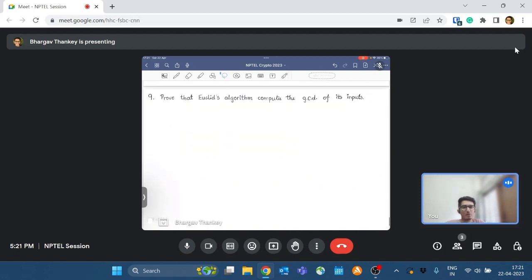Now let's look at a couple of questions based on Euclid's algorithm to compute GCD. So the first problem is to prove that Euclid's algorithm computes the GCD of its inputs.